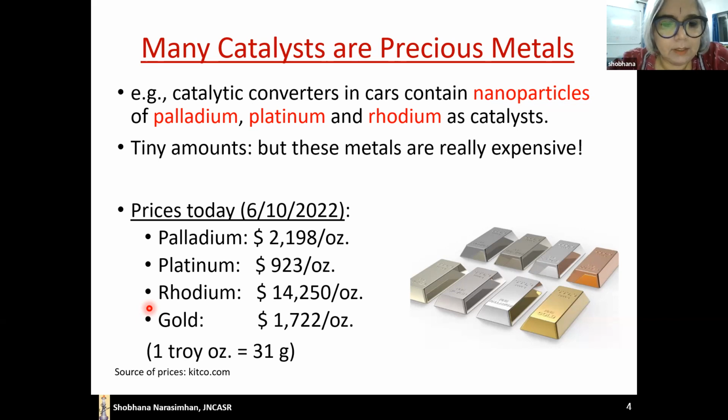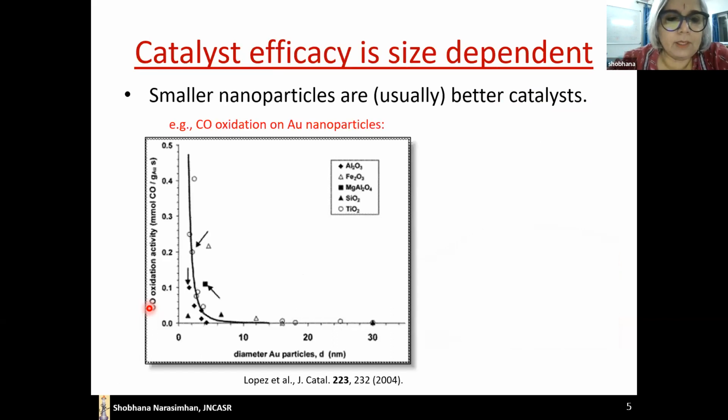In fact, in the case of rhodium, it's almost 10 times the cost of gold. So these are extremely expensive, and we would like to use as little of them as possible. One reason to use nanoparticles is, of course, so that we use less of them.